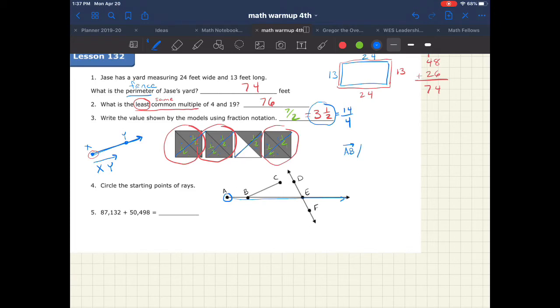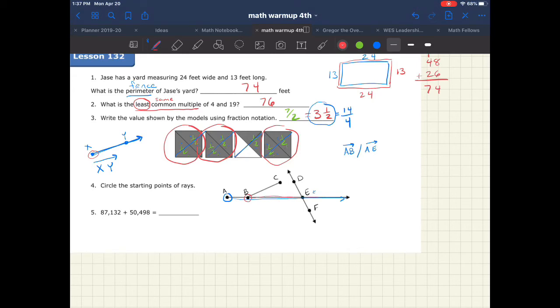And by the way, I could also call it AE, because here's E right here, and that same ray goes through E. So what about B? Can B be the beginning of a ray? Well, not if it goes to C, because that's a segment, and not if it goes back to A, because that's a segment.